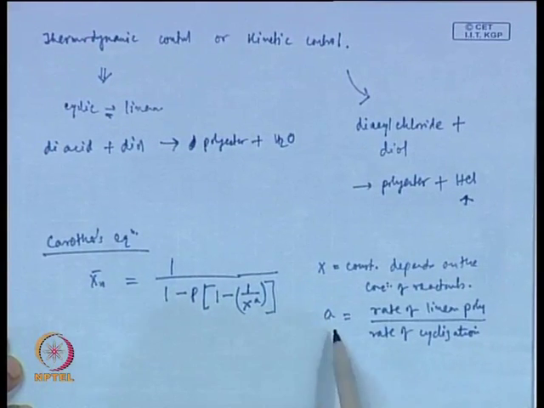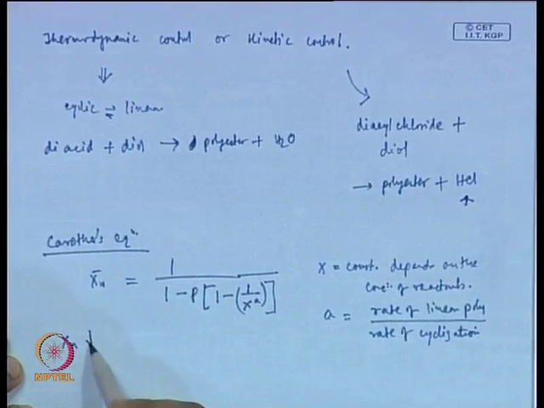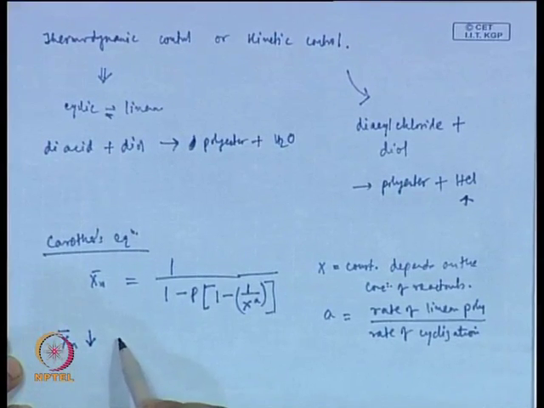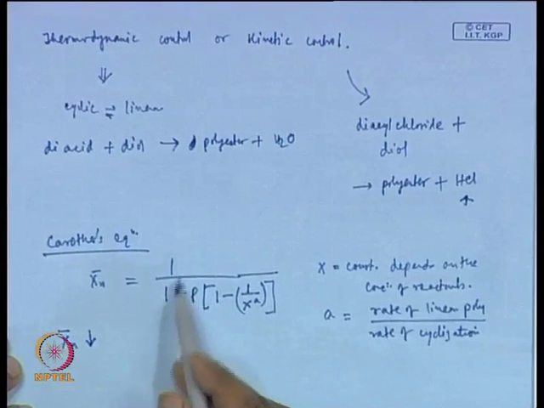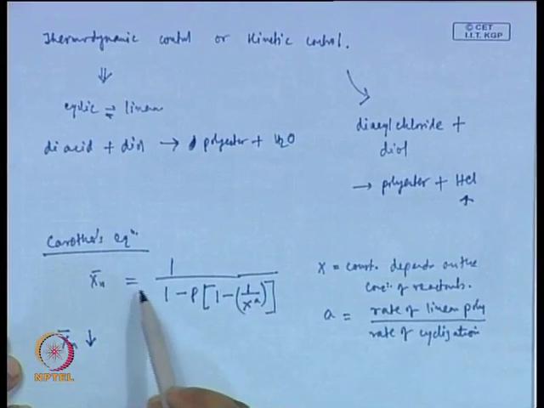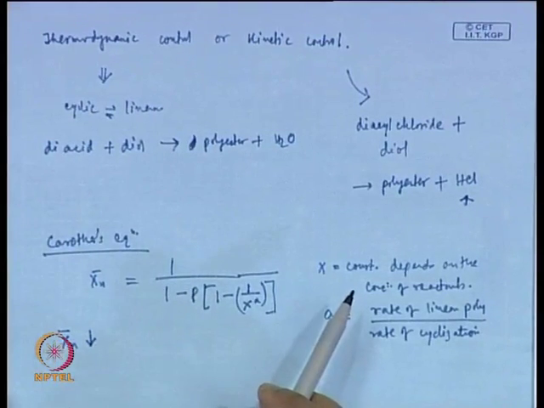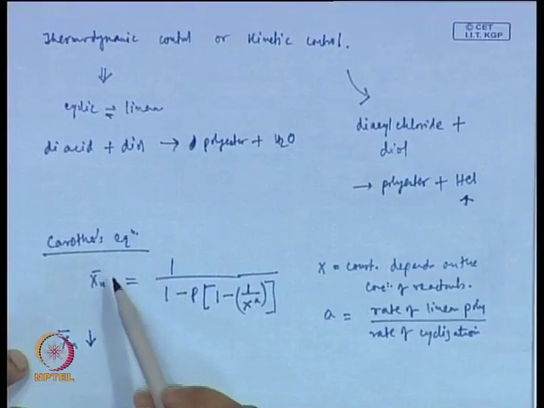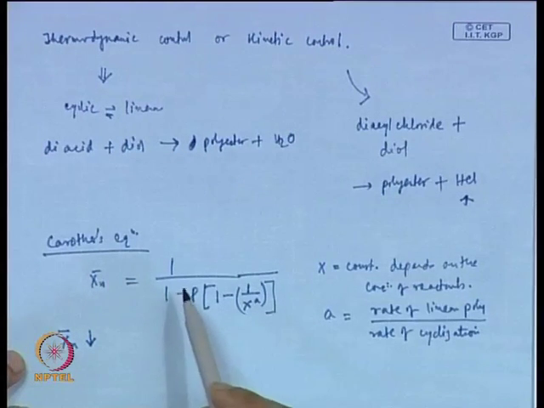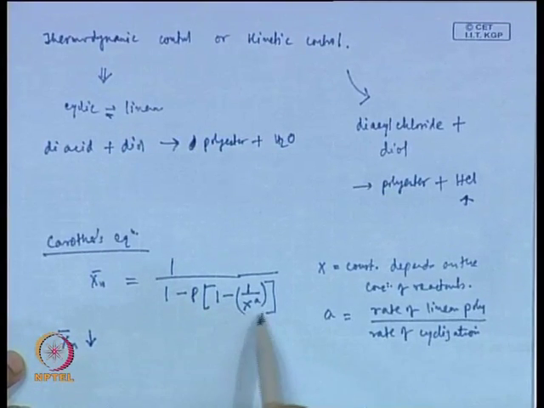As A goes lower, that is, if more cyclization happens, X n comes down compared to if there were no cyclization, in which case X n was 1 by 1 minus p. In the absence of any cyclization, just pure linear chain formation, we have seen the Carothers equation from earlier lectures, that X n is 1 over 1 minus p. So, because of cyclization X n comes down.